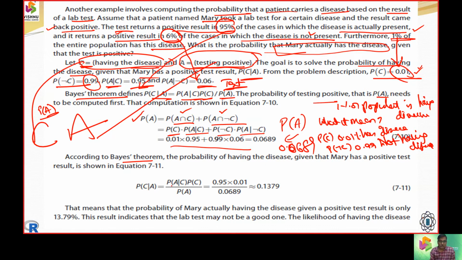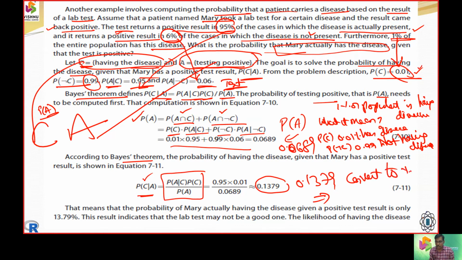We write the probability of the event C, that is Mary, occurring given the attributes A. We call it C given A. So the probability of A given C into the probability of C divided by the probability of A. We put in the values and finally get 0.1379. Converting to percentage, we get 13.79.